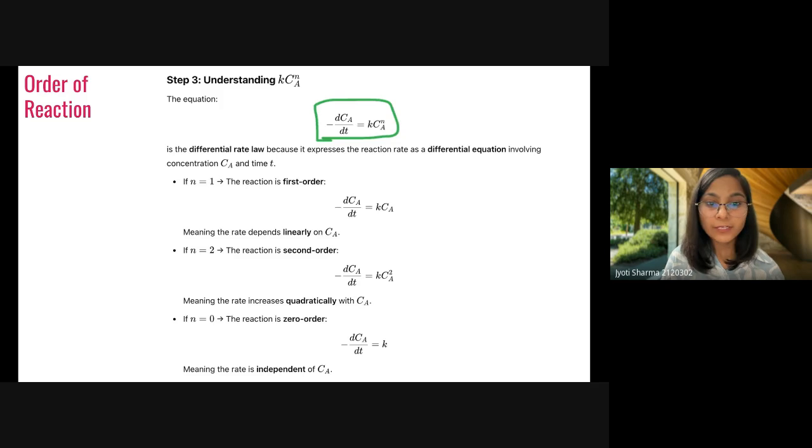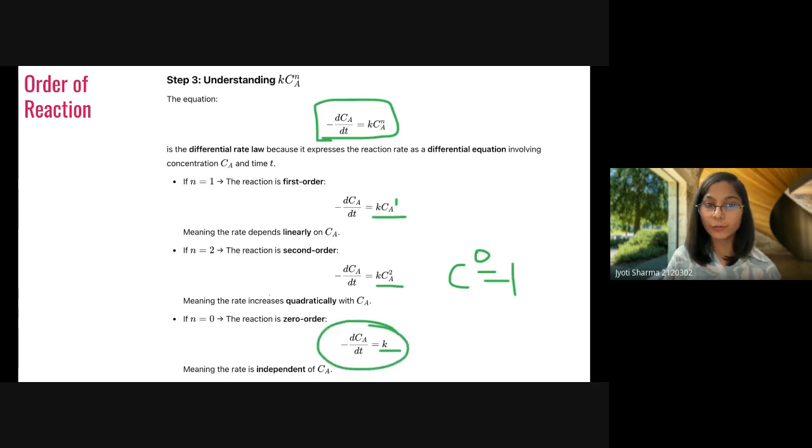Then if it is the first order reaction, then this is raised to power 1, so raised to power 1 will be CA only. If it is a second order reaction, then this will be K CA raised to power 2. And if it is a zero order reaction, then as I told you, CA to the power 0 is nothing but 1, so it is just K. So if it is a zero order reaction, then this will be the equation for you.